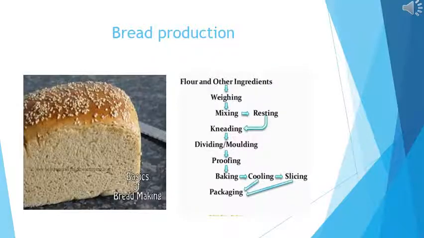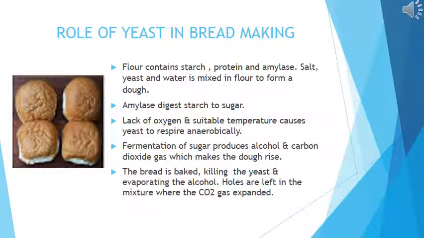Dear students, sit with me to understand the production of the main fermented product, bread, which we use on a daily basis. Hopefully, you remember what yeast is. It is a microorganism belonging to kingdom fungi. Flour contains starch, protein, and the enzyme amylase. Salt, yeast, and water are mixed in the flour to form a dough.